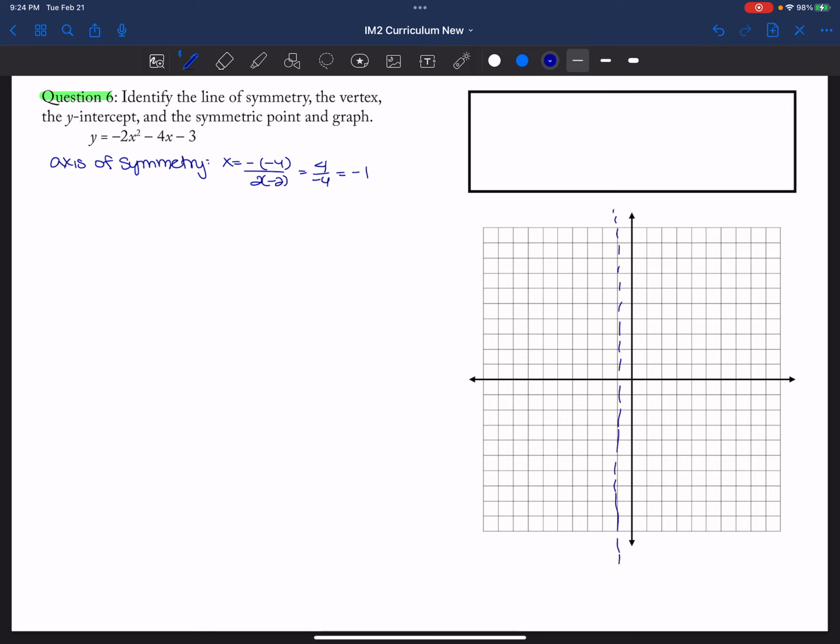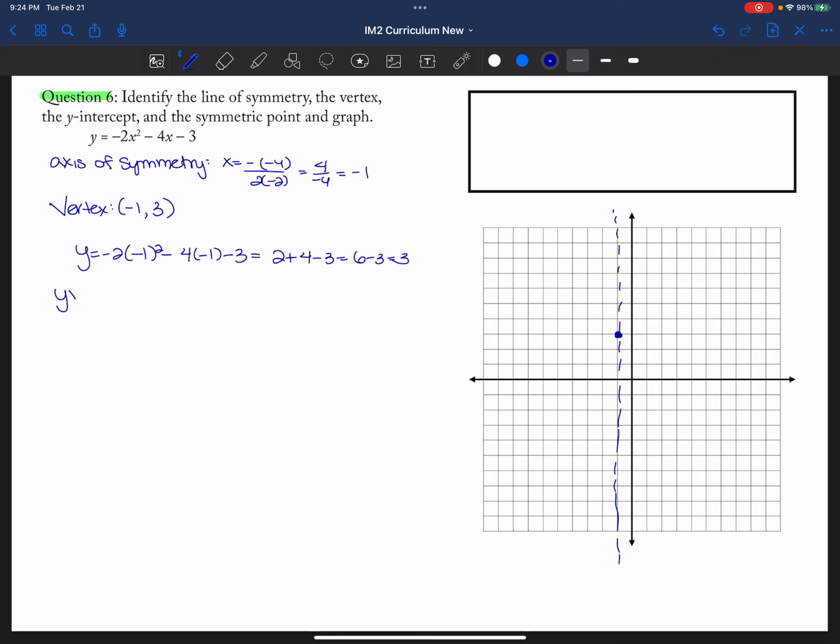Okay. So then my vertex is -1 comma somebody, we don't know. So y is equal to -2 times -1 squared minus 4 times -1 minus 3. So this is 2 plus 4 minus 3. So 6 minus 3, which is 3. So -1 comma 3 is where my vertex is.